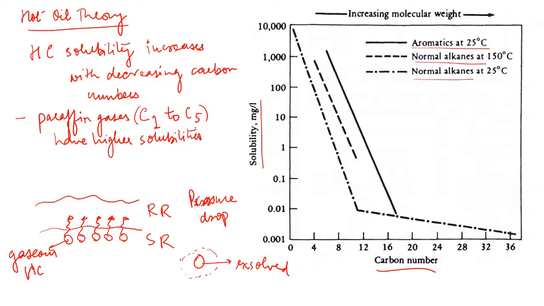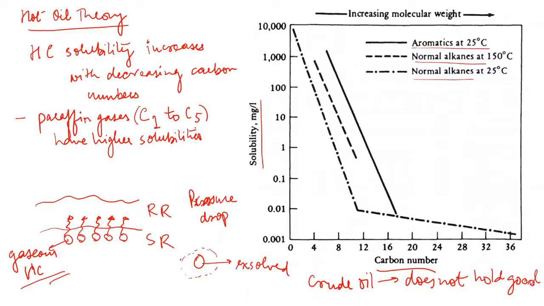These are virtually insoluble in water. So this hot oil theory does not hold good for the majority of crude oils. For the gases, we can logically see that it is okay, but for crude oil, this theory does not hold good because of the composition.